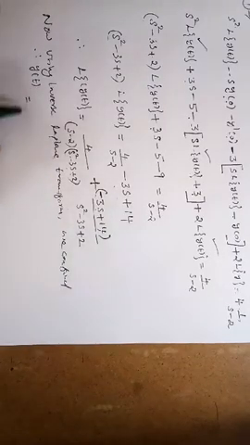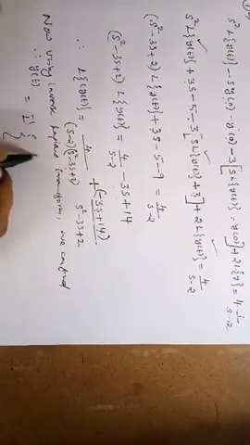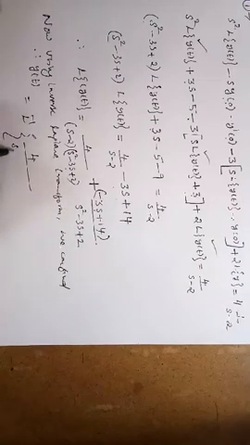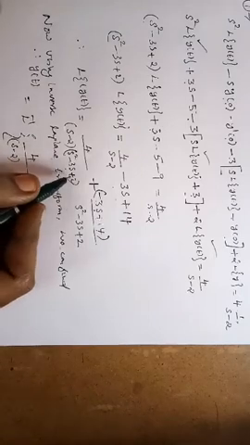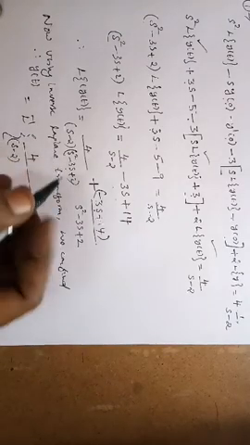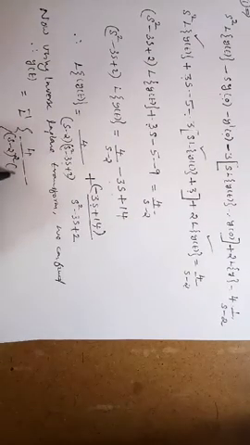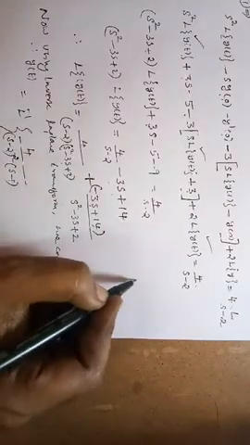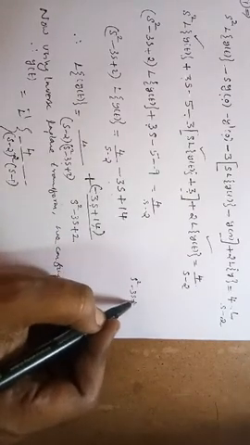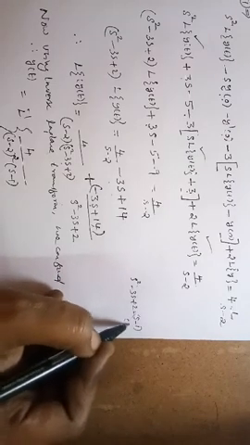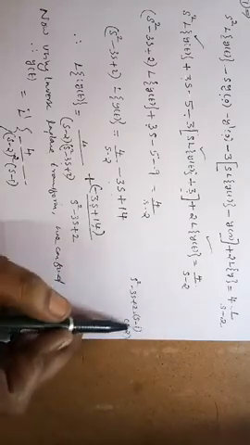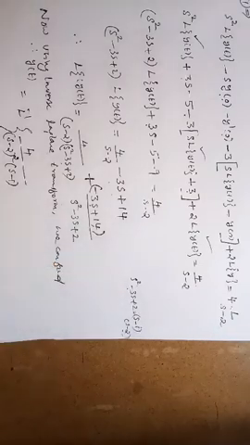So y of t equal to L inverse of 4 by s minus 2 into, listen, what are the factors of s square minus 3s plus 2? That is s minus 1 into s minus 2. So s minus 2 occurs 2 times, and s minus 1. Clear? S square minus 3s plus 2 is equivalent to s minus 1 into s minus 2. Product is 2 and the sum is minus 3. Clear?